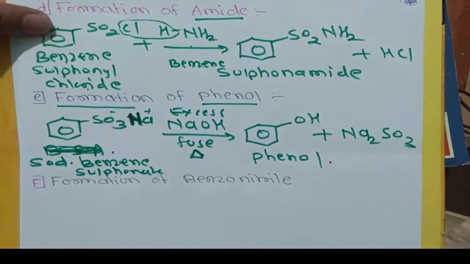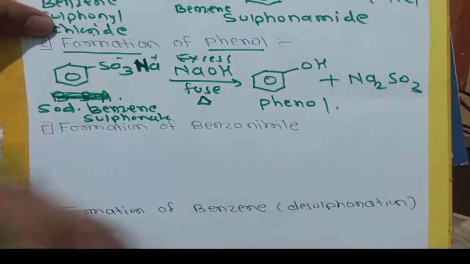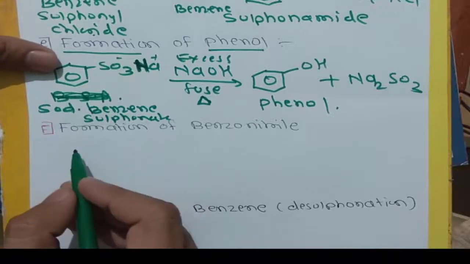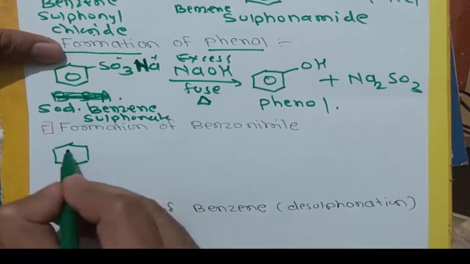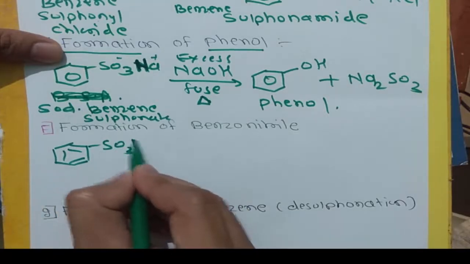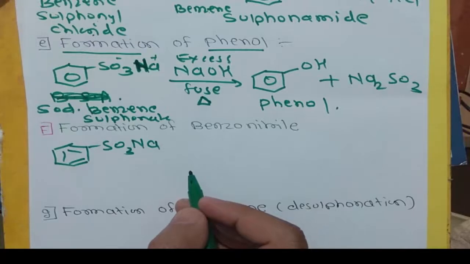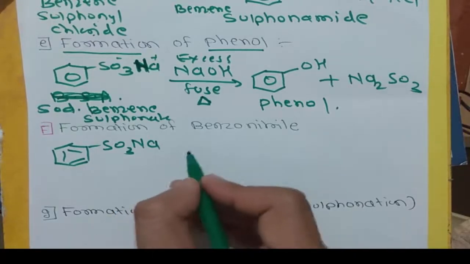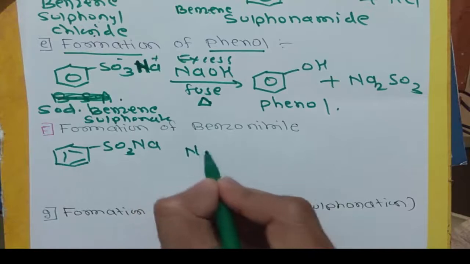Then the next chemical reaction is the formation of benzonitrile. You have to take the next reaction. This is SO3Na benzene, sodium benzene sulfonate, reacted with NaCN, heat, fused with the NaCN.